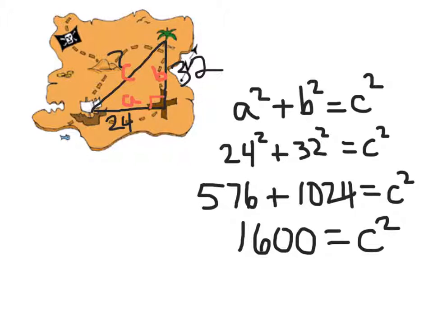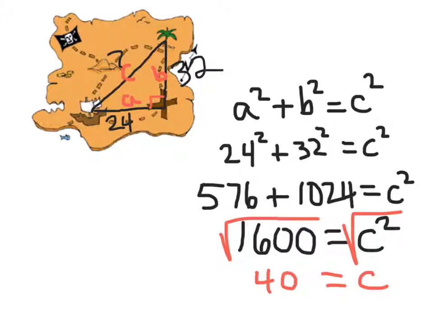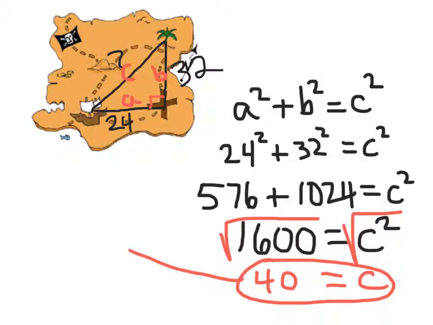Again, I don't want c squared, I want just regular old c. The square root of 1600 would be 40. The length of our hypotenuse here would be 40 miles. 40 miles from the palm tree to the ship. We better get hiking, because here come those pirates.